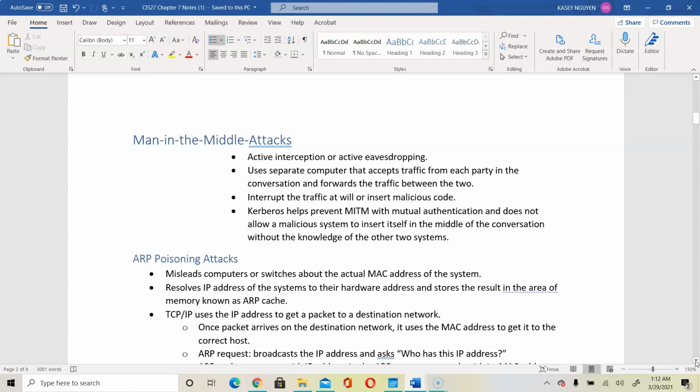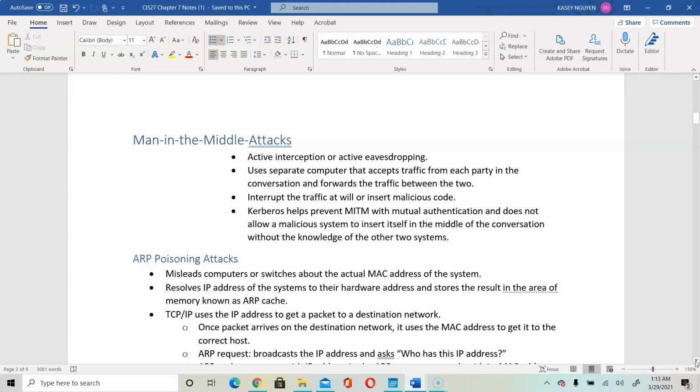They can use packet crafting tools to insert different information like the source and the destination. Malicious code would sometimes be involved in the insertion. Now, to protect a Windows environment, we can use Kerberos.